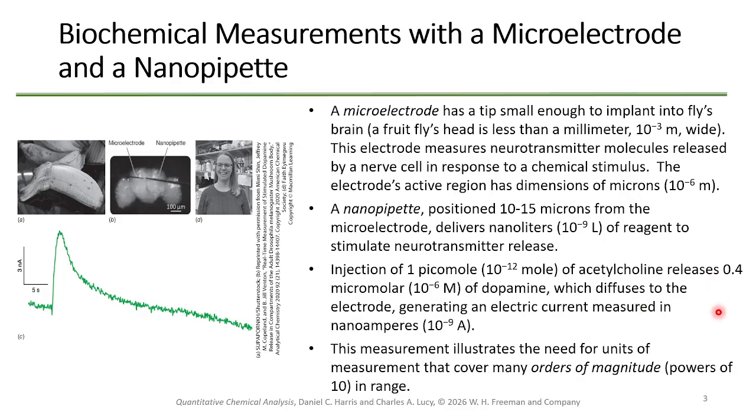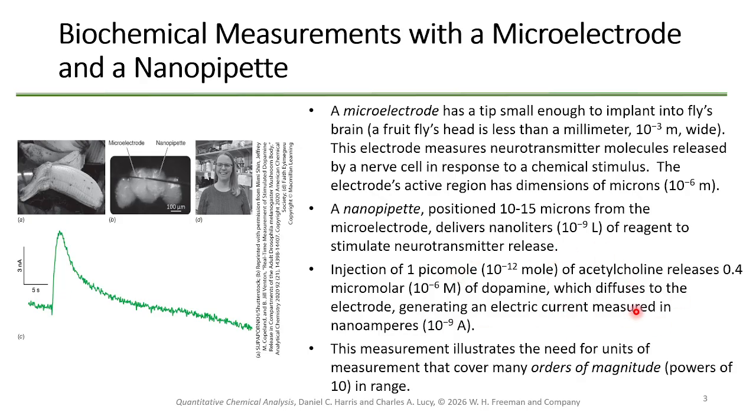This will diffuse to the electrode, generating this electrical current, which is going to be measured in nanoamperes. This is one of the reasons this is used quite a bit, because electrical currents can be measured very sensitively. Okay? You can amplify those signals a lot, actually. And so you can make very tiny measurements.